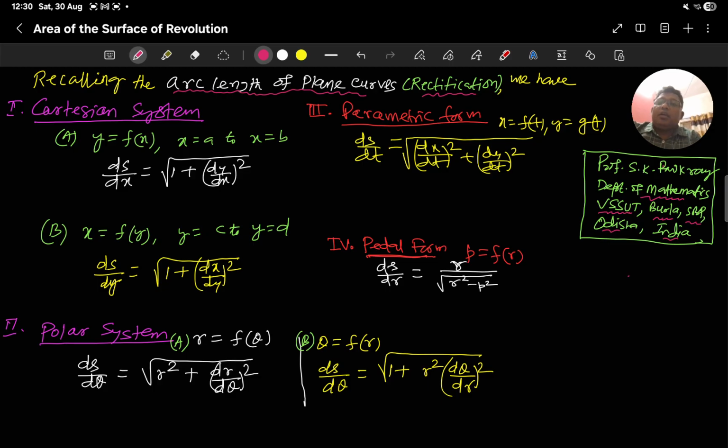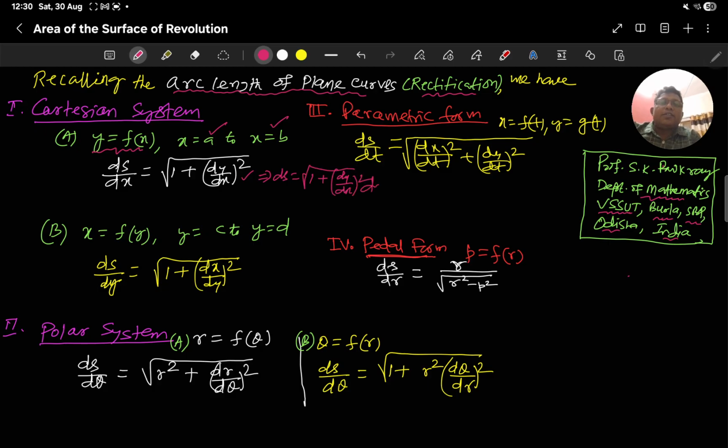Now coming to the Cartesian system, suppose you are given y is equal to f(x) from x is equal to a to x is equal to b on the abscissa. So what is my ds by dx? It is the square root of 1 plus (dy by dx) whole square.